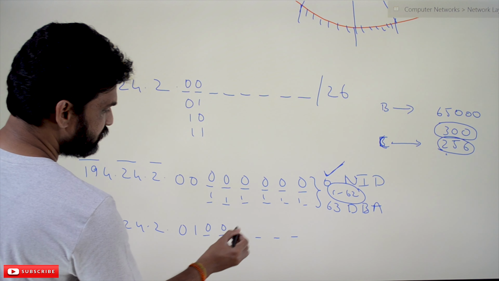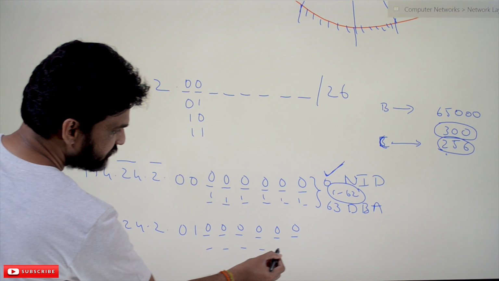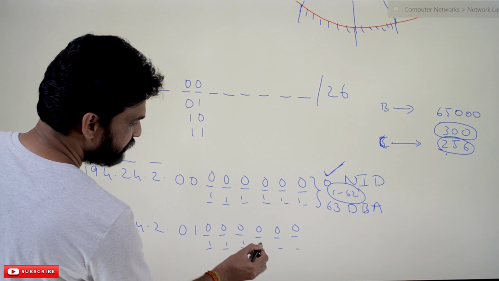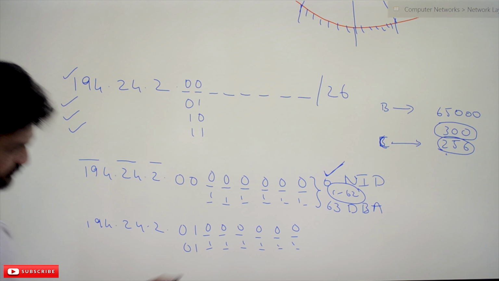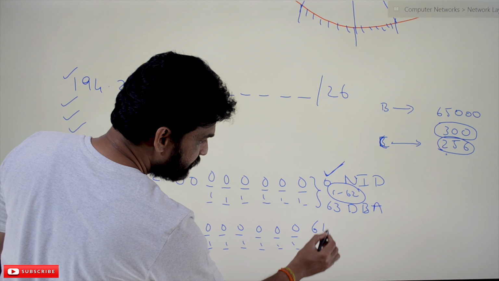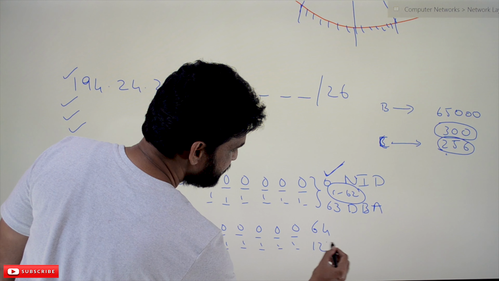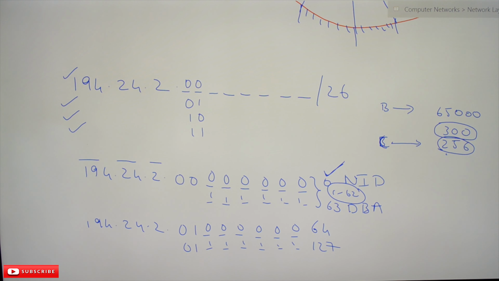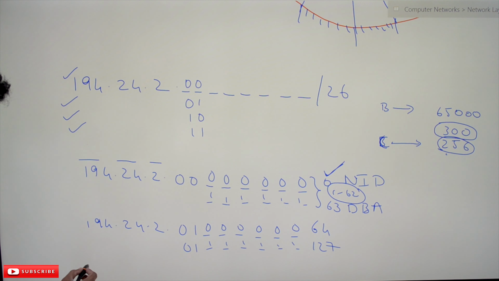It is 000000 to all ones, 6 bits. So now this range 01 to 01, what is this range? It is from 64 to 127.